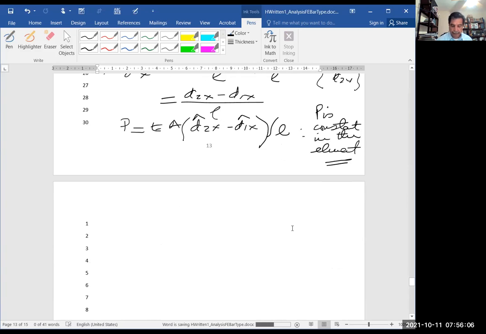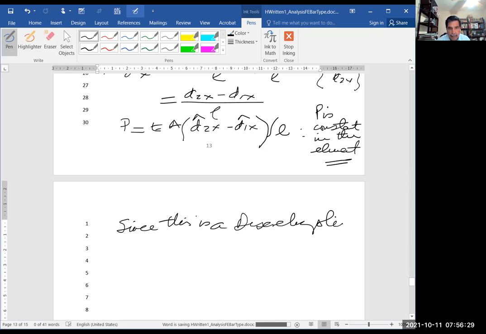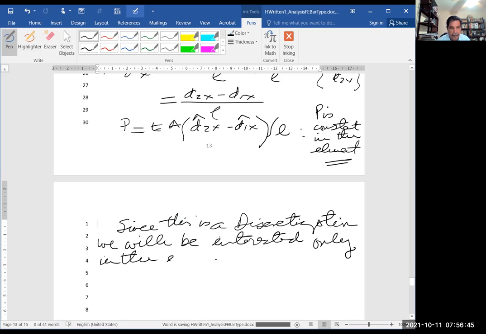So now, since we are working with a discretization, we will be interested only in the equilibrium of the joints.